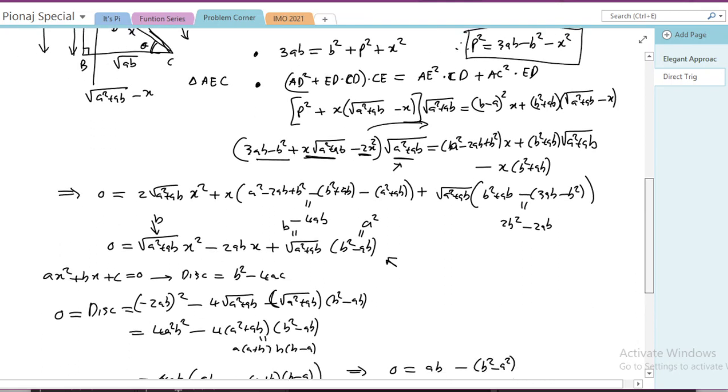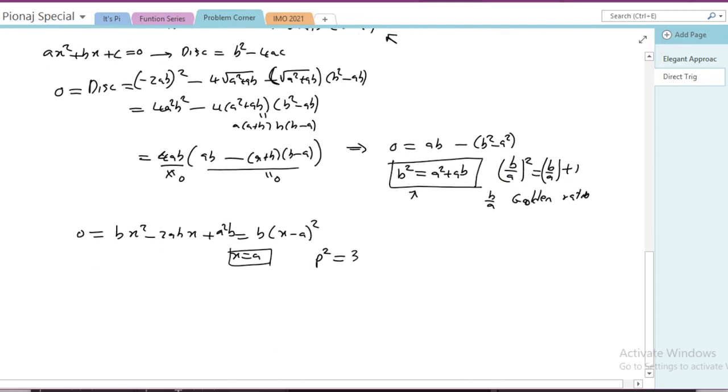So p squared is 3ab minus b squared minus x squared. Now x squared is a squared, so this is what we have for p squared, and plugging in what we have for b squared, it is 3ab minus a squared minus ab minus a squared. So that's 2ab minus 2a squared.